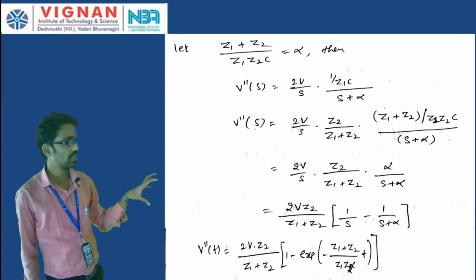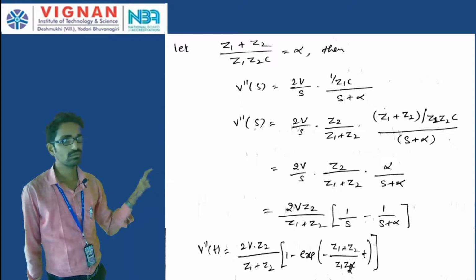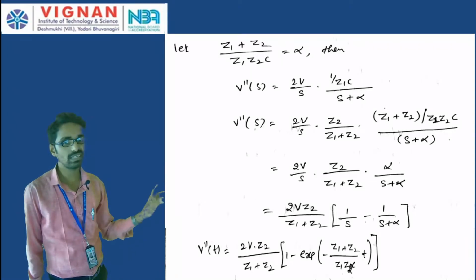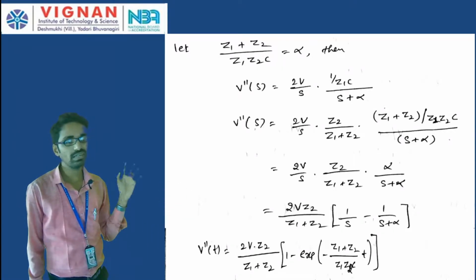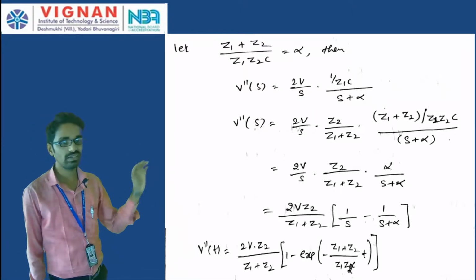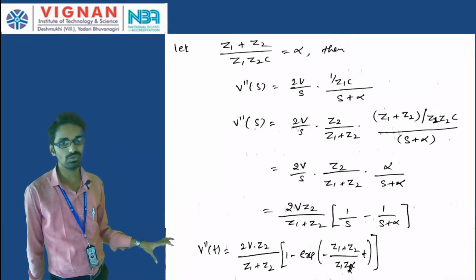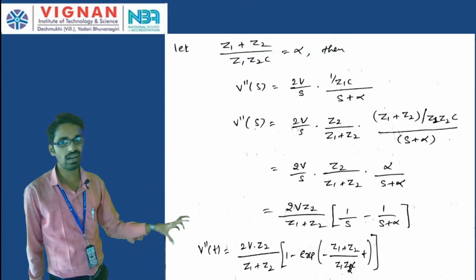Here you have the two main fractions, that is 1 by s and the other one alpha by s plus alpha. If I consider partial fractions and separate those terms, you are going to get 2V into Z2 by Z1 plus Z2, and 1 by s and alpha by s plus alpha.